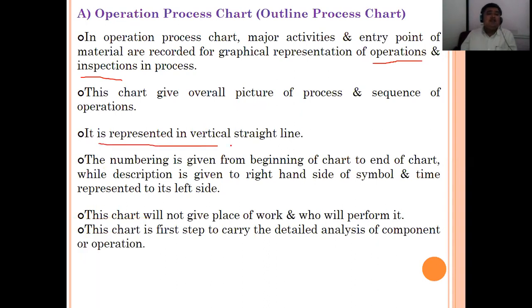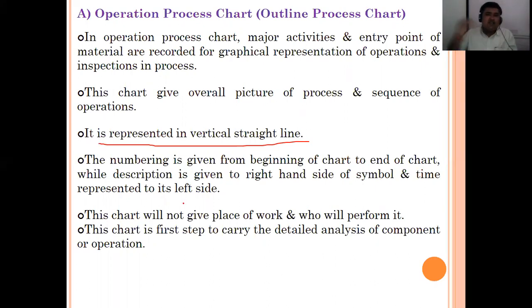It is represented in a vertical straight line. So the chart is represented in a vertical line only. It is not represented in a horizontal line or some zigzag line. It is a straight vertical line. Numbering is given from the beginning of the chart to the end of the chart.